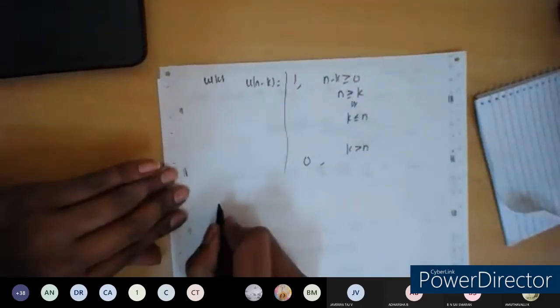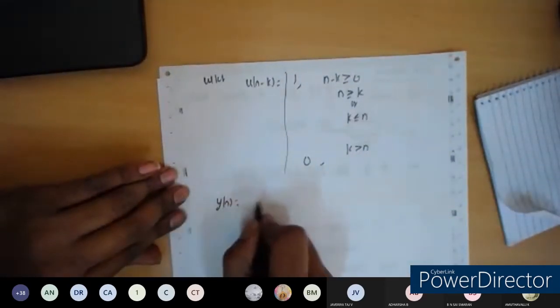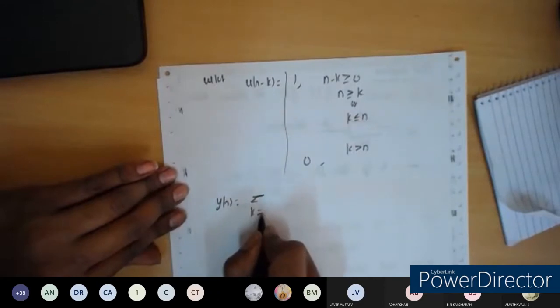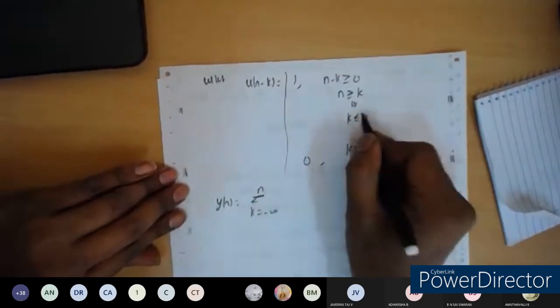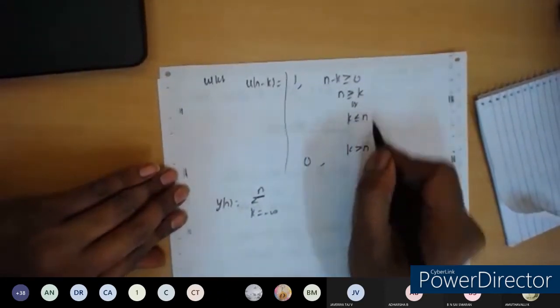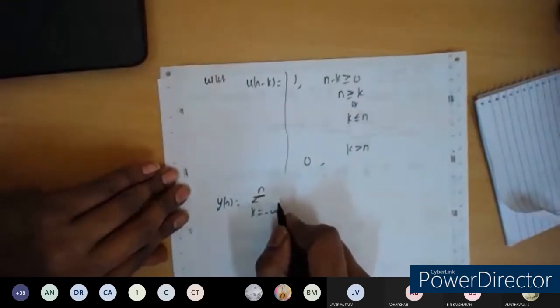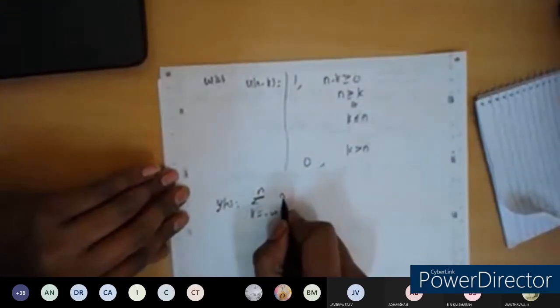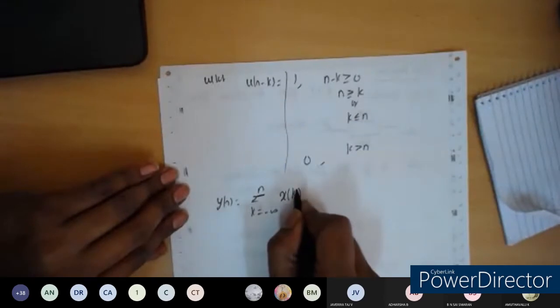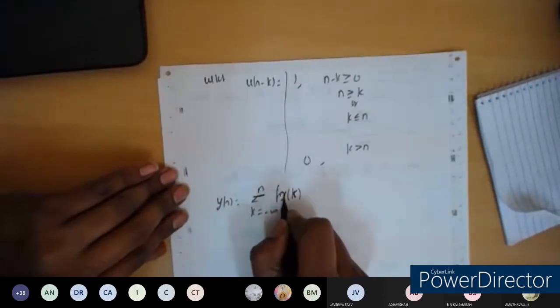Now let us substitute back in the summation. So we have y of n is equal to, I'm going to change the limits, k equals minus infinity up to n, of h of k. Sorry, this is h of k, not x of k.